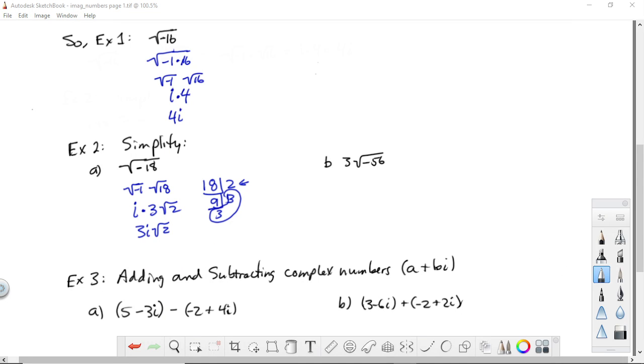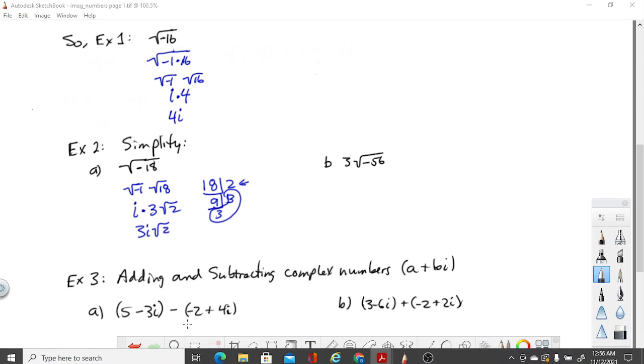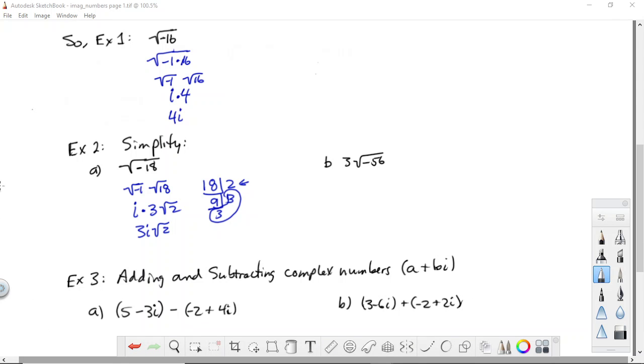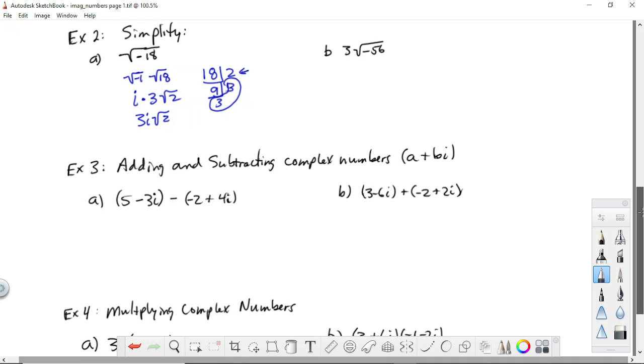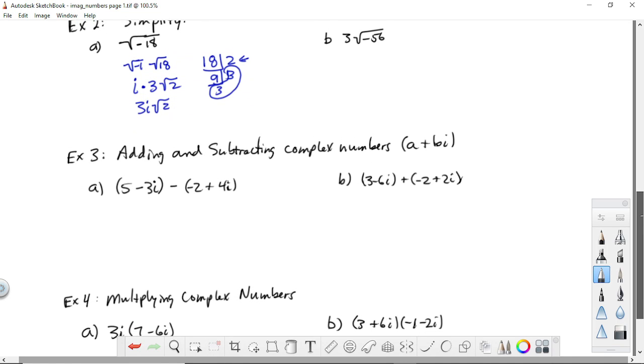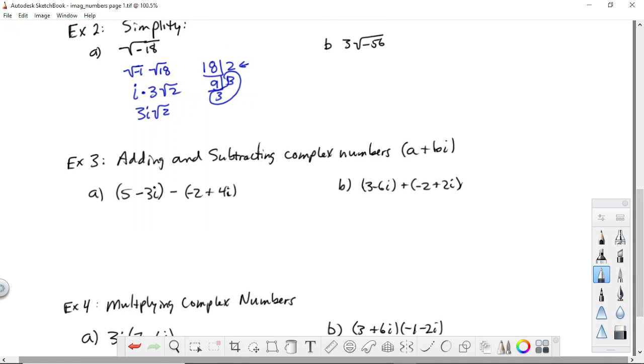Next example is adding and subtracting complex numbers. We have a couple of examples here. Complex numbers are numbers that have both a real part and an imaginary part.